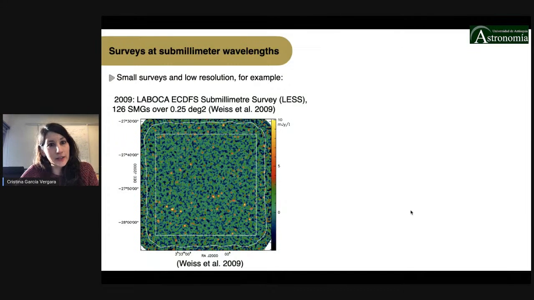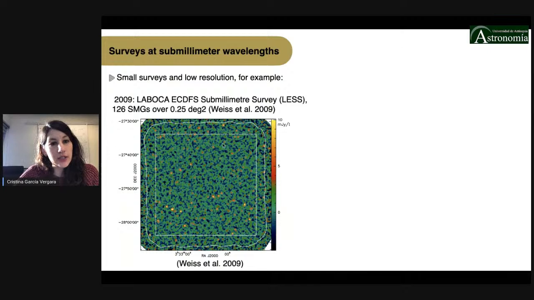Okay, and finally, for today, I'm going to talk a little bit about sub-millimeter wavelengths. These are probably the wavelengths at which we have less availability of surveys. Normally, we have small surveys at these wavelengths and with low resolution, because most of the surveys are performed with single dish telescopes, which provide low resolution in general.